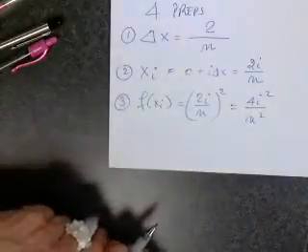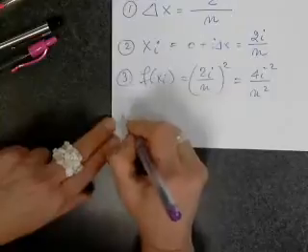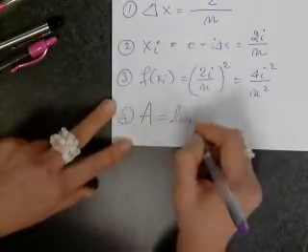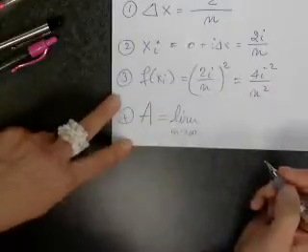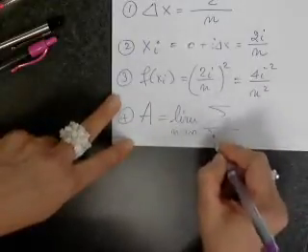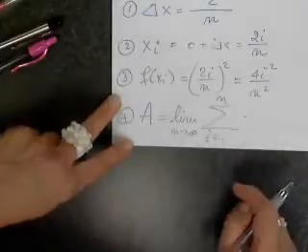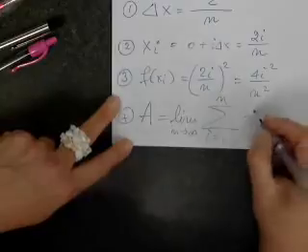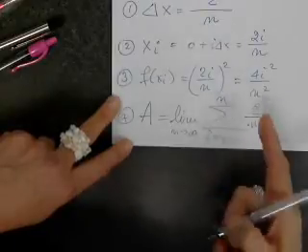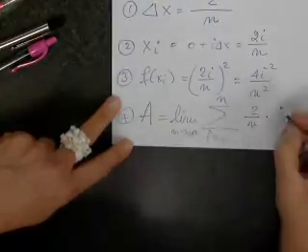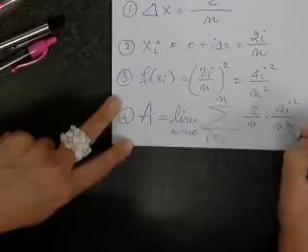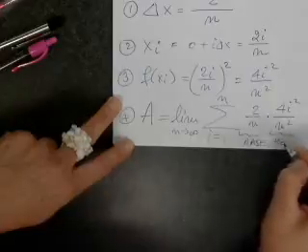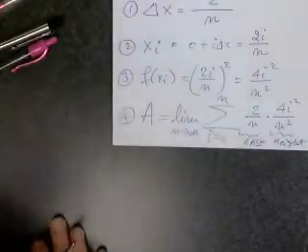And in number 4, the area equals the limit as n approaches infinity of the sum from i equals 1 through n of base times height. Base times height gives 8i squared over n to the third.